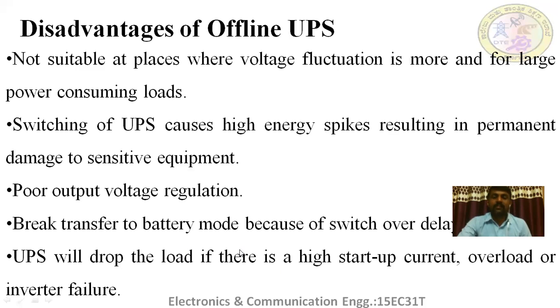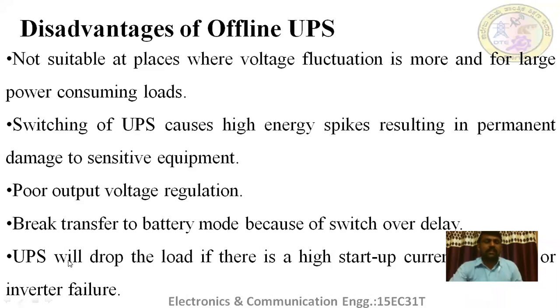Once the inverter is not functioning, there is no way to supply the AC supply to the loads, because from the battery it is required to convert into AC to supply the power to the loads. And this UPS drop also happens during load short circuit, or if the load demands more power than the supply.